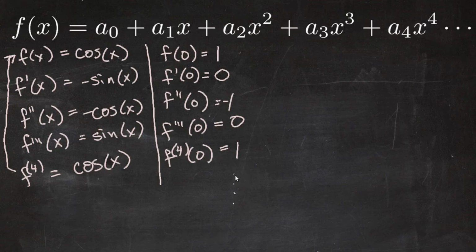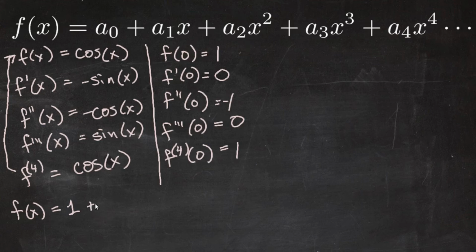So what does this mean that our Taylor series will be for cosine? Well, let's give it the plug-in treatment. So that means that f of x will be a0. I know that f of 0 is a0, so that's 1. My first derivative is 0, so I'll skip this linear term and go to the quadratic term. a2 is going to be, remember, f double prime divided by 2, because it's 2 factorial.